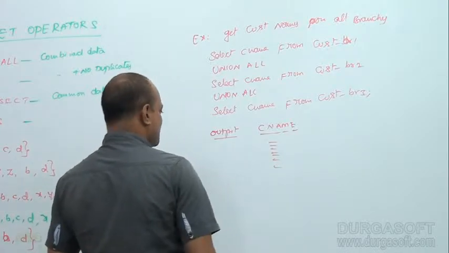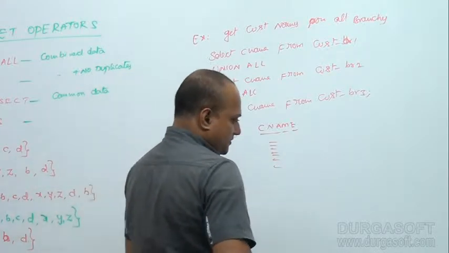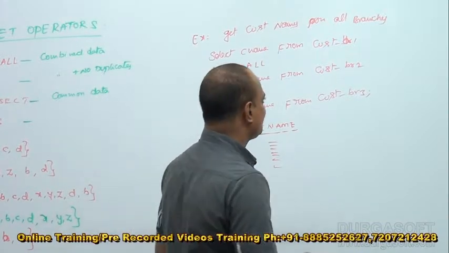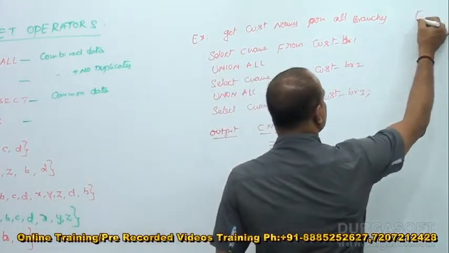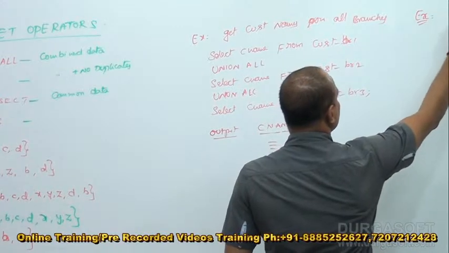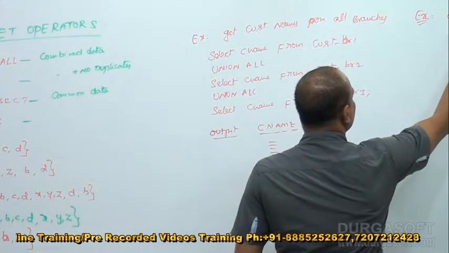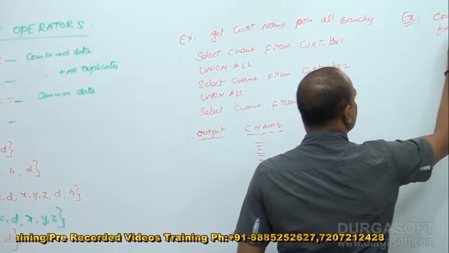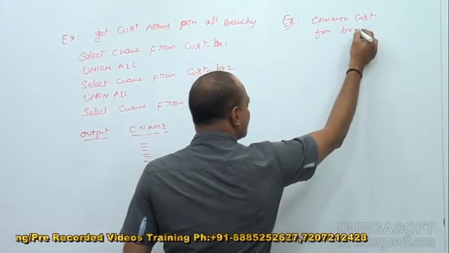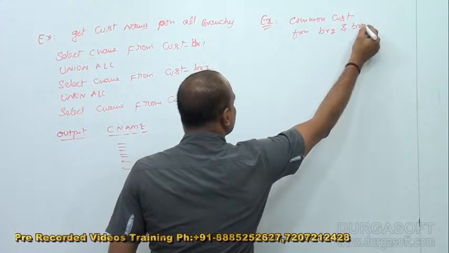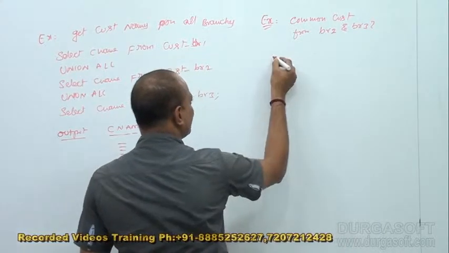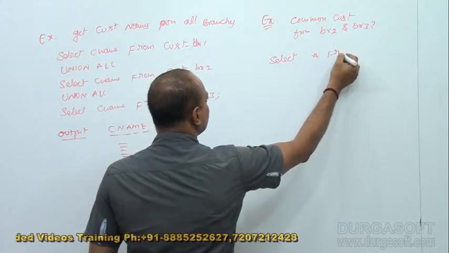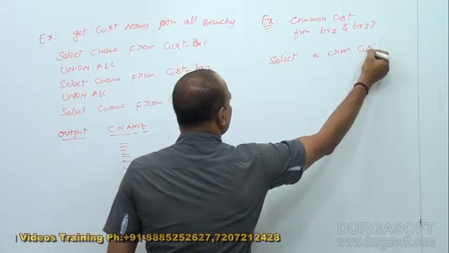Right. Next one. Get common customers from the last 2 branches. So I need common customers from branch 2 and branch 3. How? Simple: select star from, what is the table name?